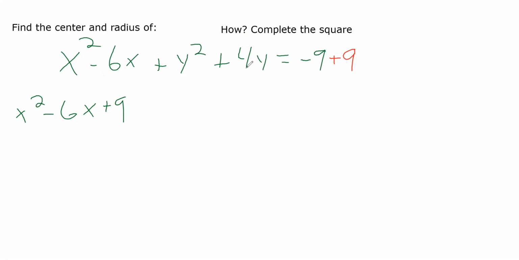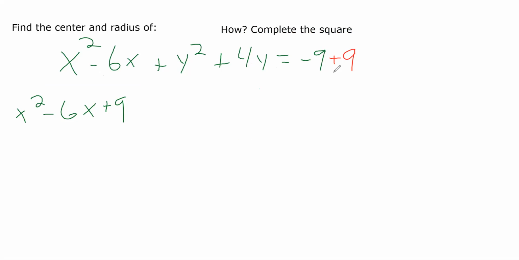So I look at this number, it's 4 in front of the y. I take half of 4, which is 2. Then I square that, and I get back to 4. And so what I need to do now is add 4 to this left-hand side. I'm going to do it directly with the y's.